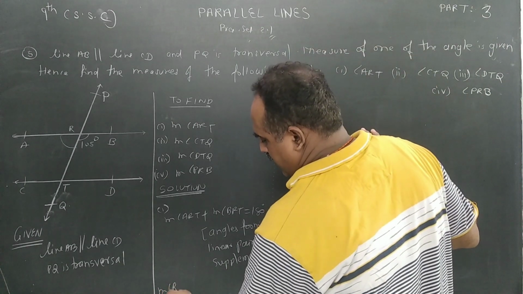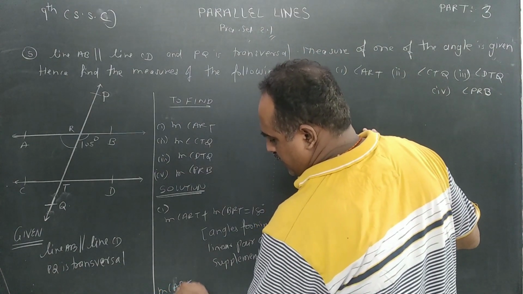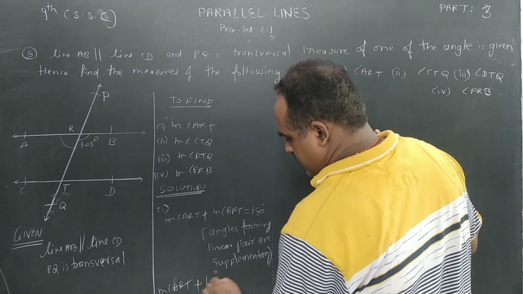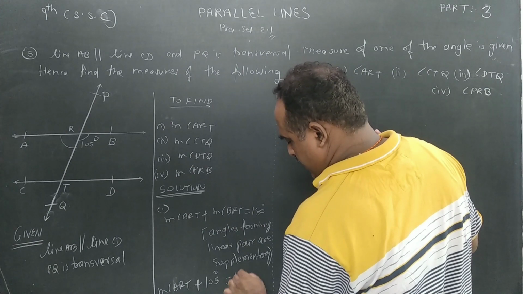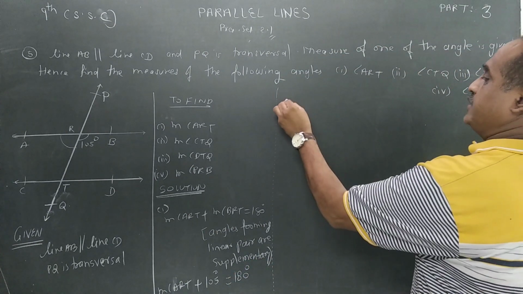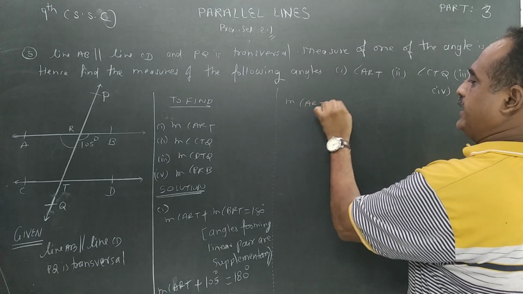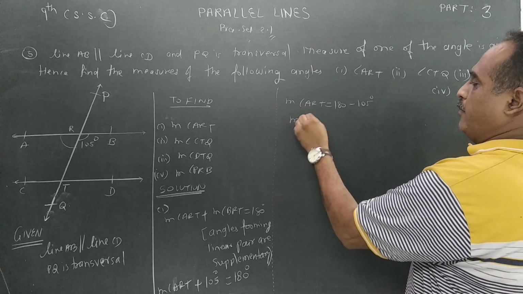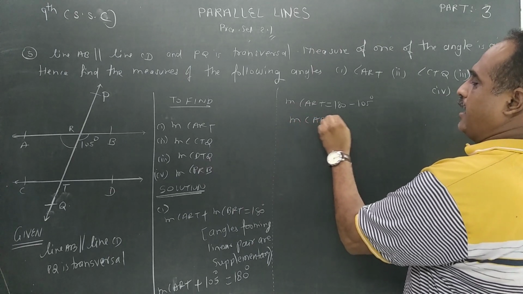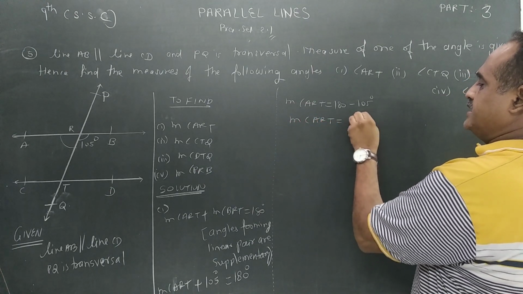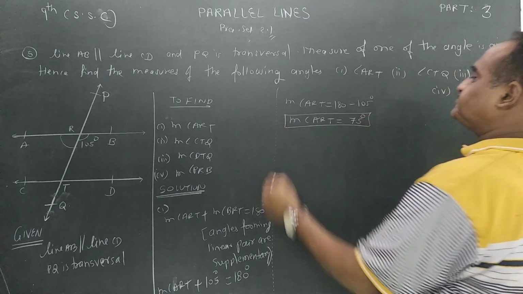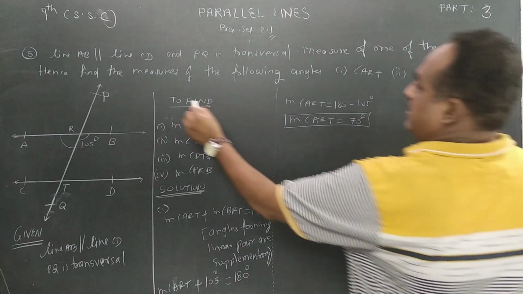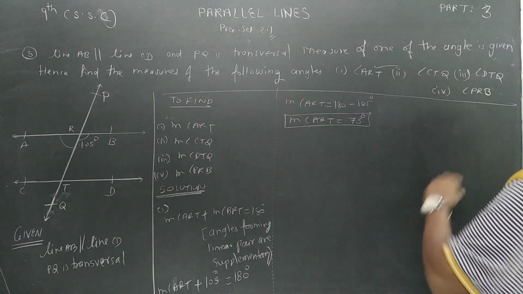So measure of angle ART plus 105 degrees is equal to 180 degrees. So measure of angle ART is equal to 180 minus 105 degrees. Measure of angle ART is equal to 75 degrees. Have you understood this? You got the answer for the first: ART.